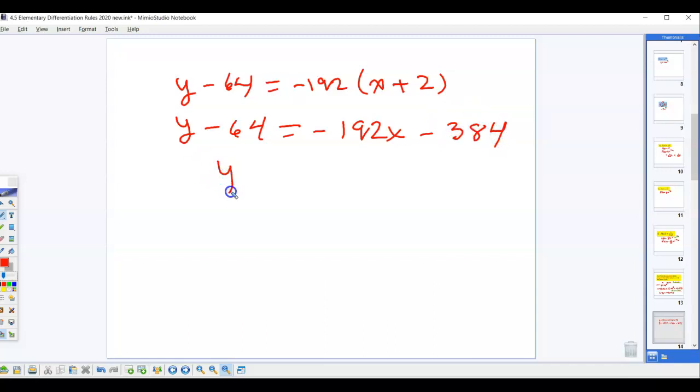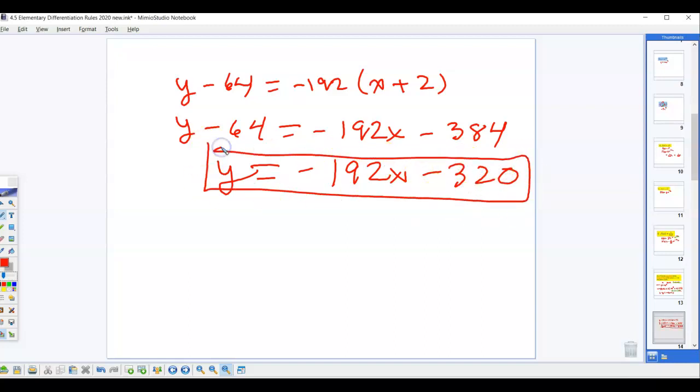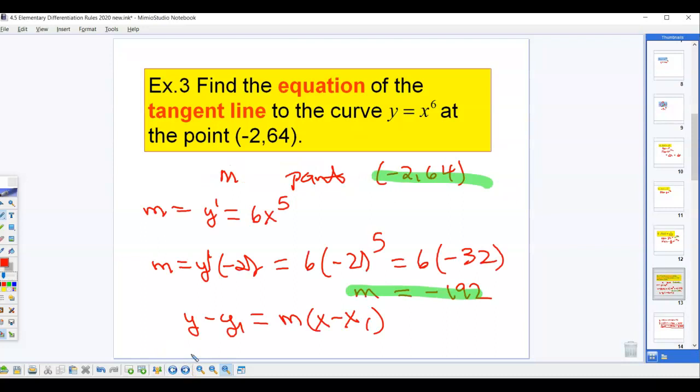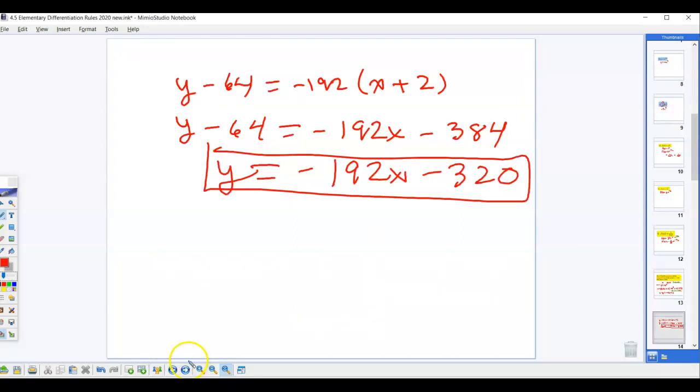And now I'm going to add the 64 to the other side to get negative 192x minus 320. And this would be the equation of my tangent line at the point negative 2, 64. As you can see, this process is a lot easier than it was in the previous section where we had to use that long limit formula.